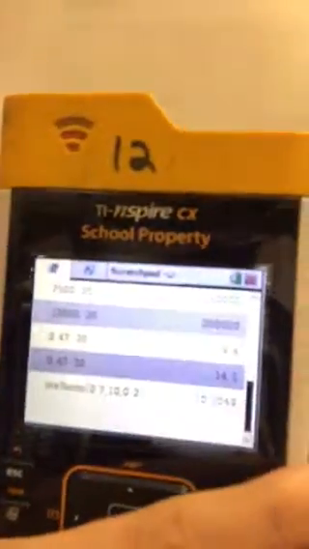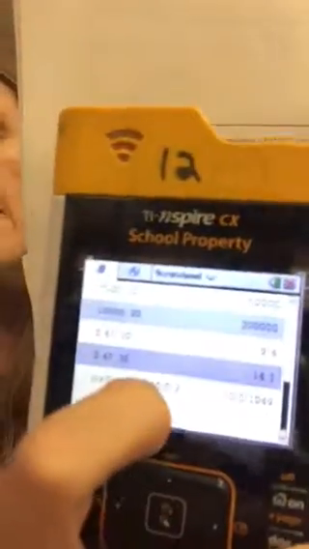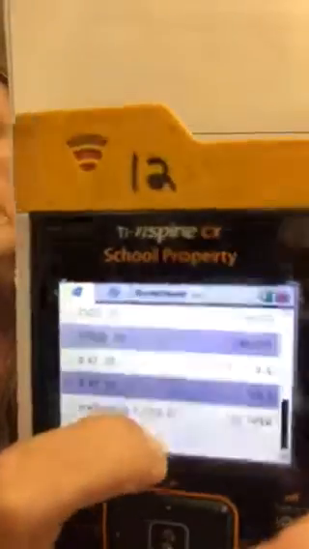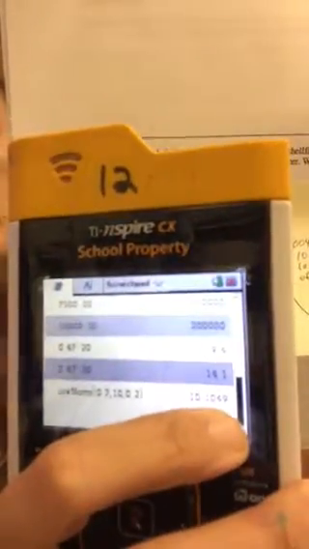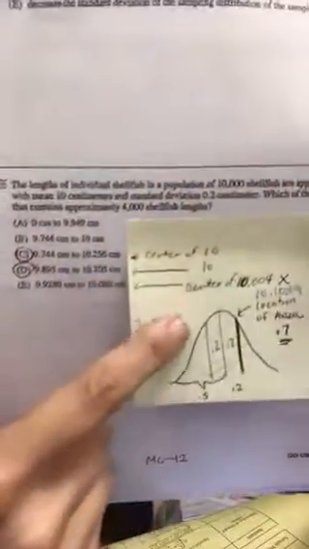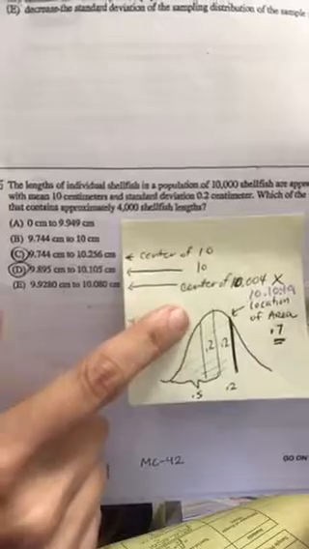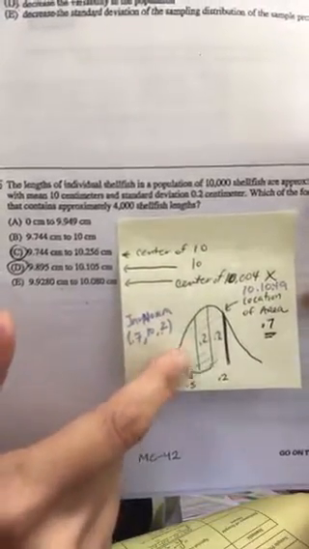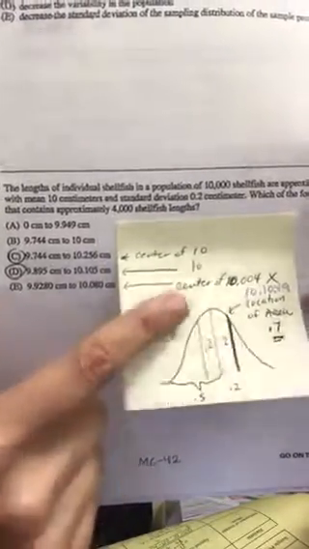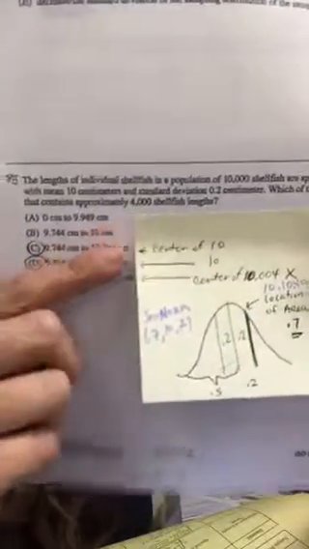So using my fancy calculator, I type that in. I find inverse normal distribution. I type the area under the curve is 0.7, the mean is 10, the standard deviation is 0.2, and notice I get the value of that upper one. I could have also chosen this lower one. The area I'd be looking for there would be 0.3. I could have also found the lower one. Either one would have worked.